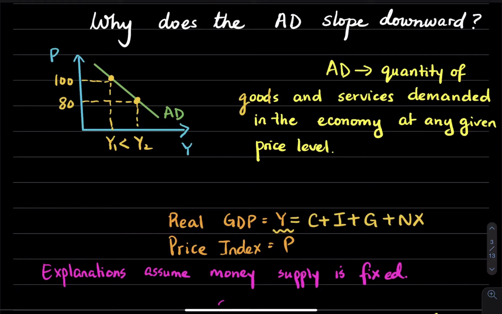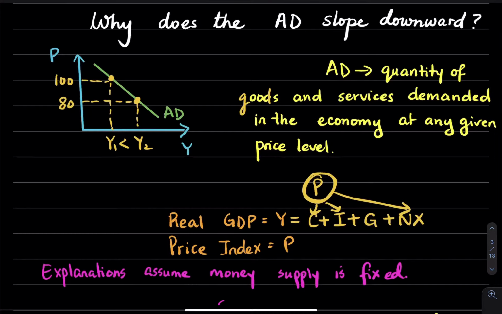Since we understand this equation very well, Y equals C plus I plus G plus NX, we can use it to think about why aggregate demand slopes downwards. For that, we need to understand the relationship of price with each of these variables. We leave government spending out because government spending is a fixed policy variable, so we don't talk about that at all.